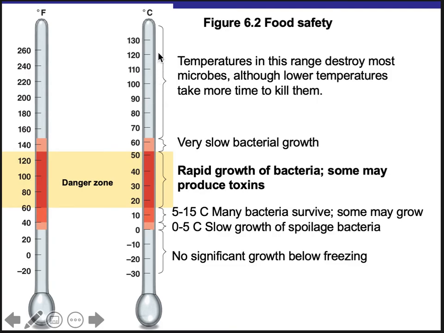Another thing when we talk about killing off bacteria is that it's at a constant rate, and it depends on how much organic material is present. So the more stuff there is, the longer it's going to take to kill off the microbes. So always keep food super hot or super cold.